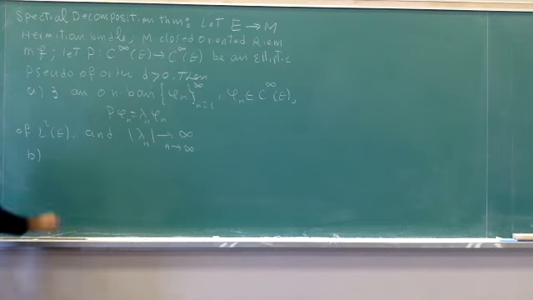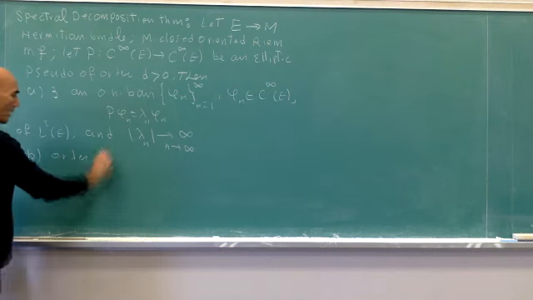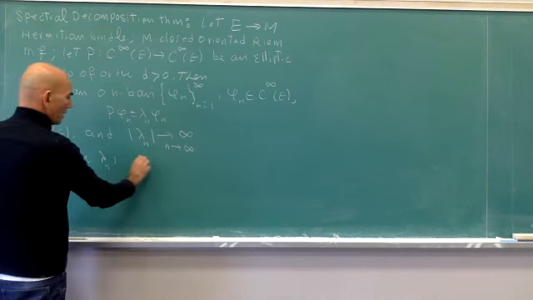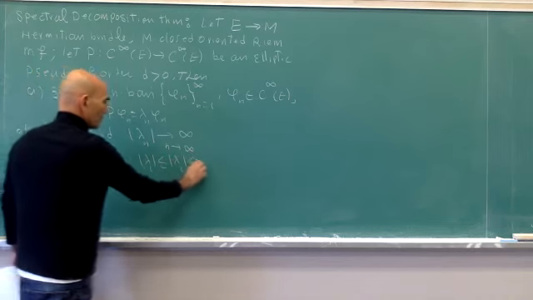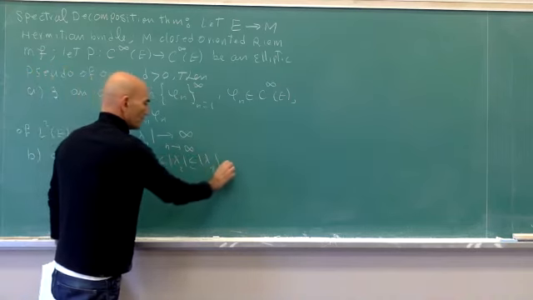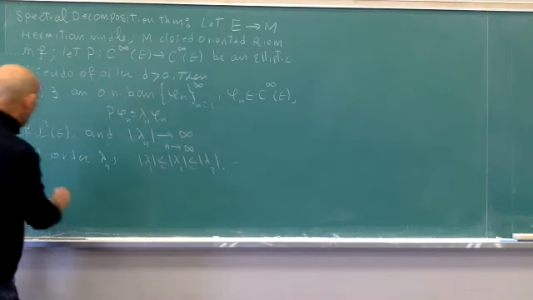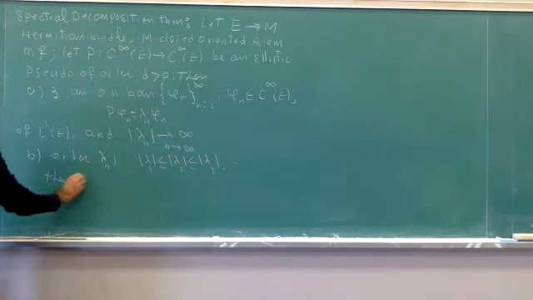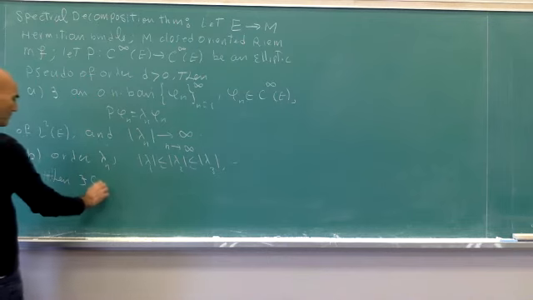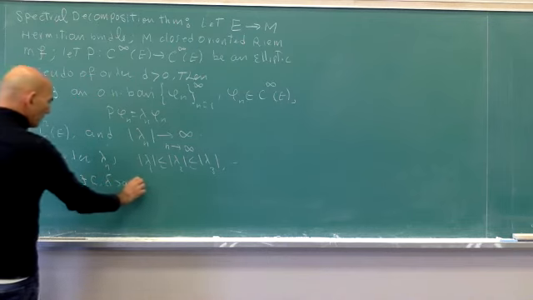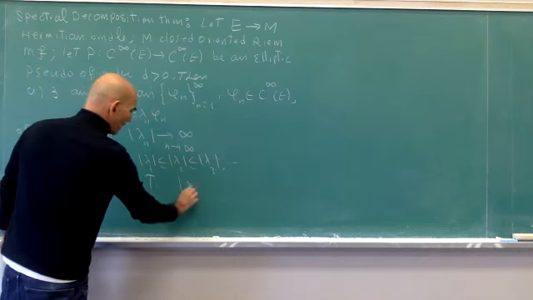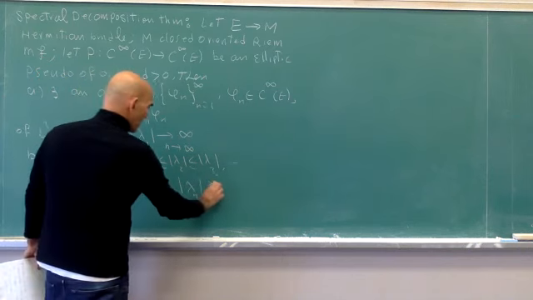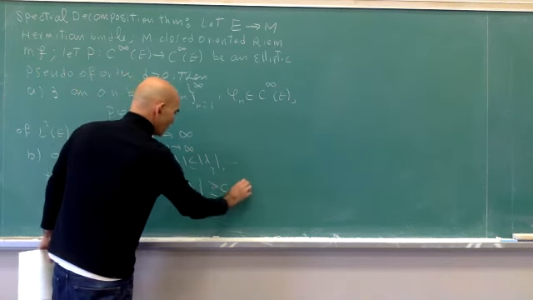So I want to say: order the lambda n's by absolute value, so that absolute value of lambda 1 is less than or equal to absolute value of lambda 2, less than or equal to absolute value of lambda 3, and so on. Then there exists a constant C and a delta positive such that absolute value of lambda n is bigger than or equal to C n to the power delta.